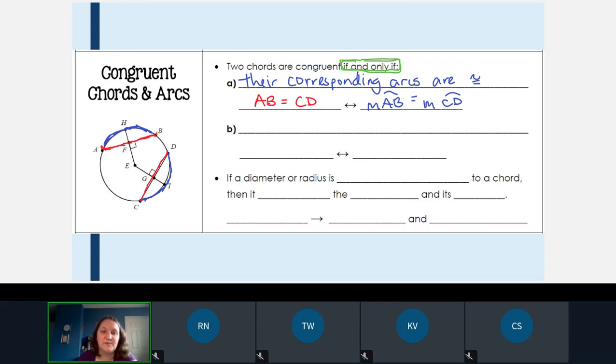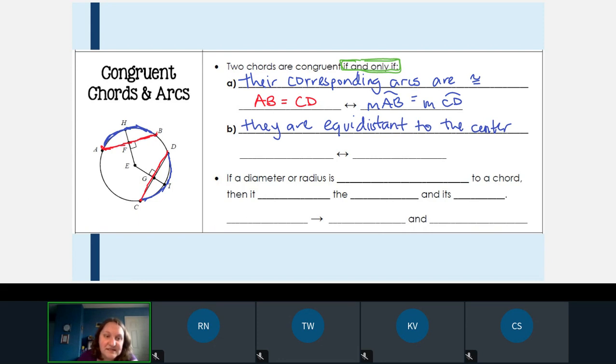Another definition with our two congruent chords says that the two chords are congruent if and only if they are equidistant to the center. I'll talk about that in just a second. Equidistant to the center. All right, so equidistant meaning equal distance.